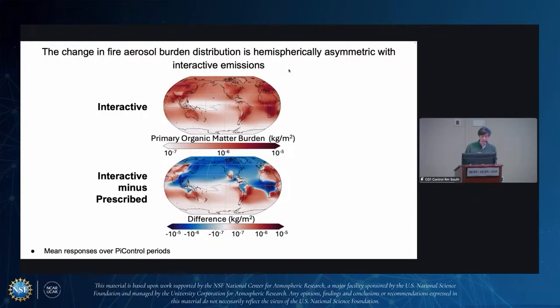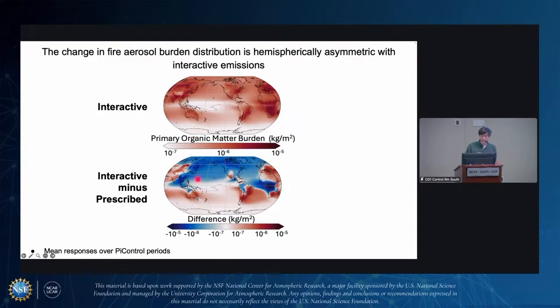So first, starting with the mean state. Here, I analyze the mean state by looking at mean climate responses over the individual experiment pre-industrial controls to understand the change without additional forcing.